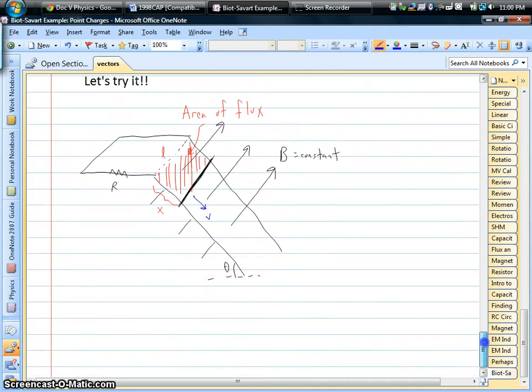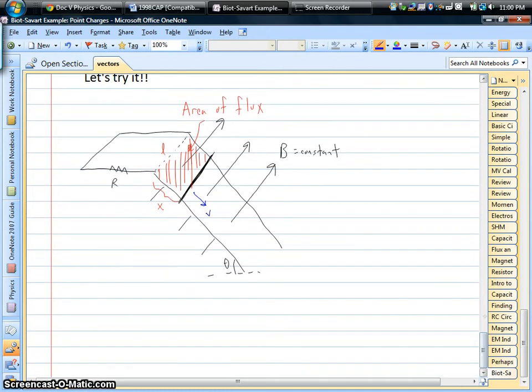The good news for something like this, for any kind of problem, any situation or picture where the area is changing, we can ask the question, what area are we talking about? Well, it's that red area, it's that little rectangle.